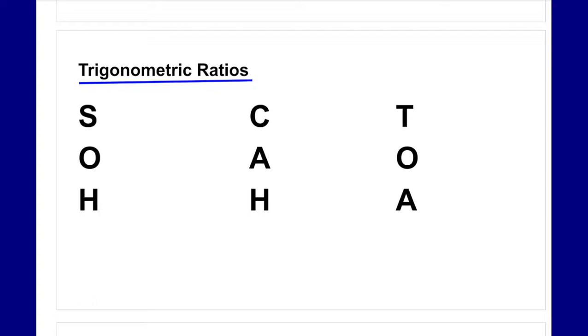SOHCAHTOA: the S stands for sine or sin, O is opposite, and H is hypotenuse. So essentially what this is saying is that sine is equal to opposite over hypotenuse. For CAH, it's cosine, and then adjacent and hypotenuse.